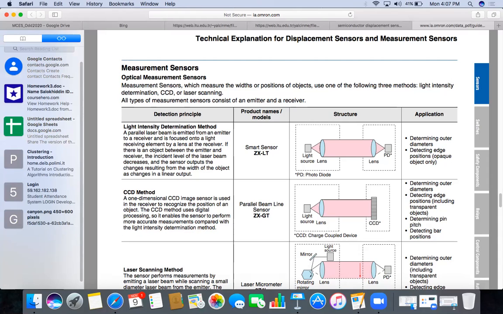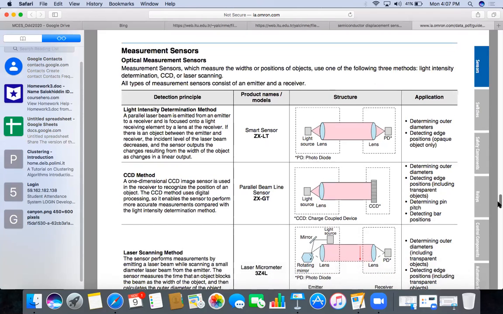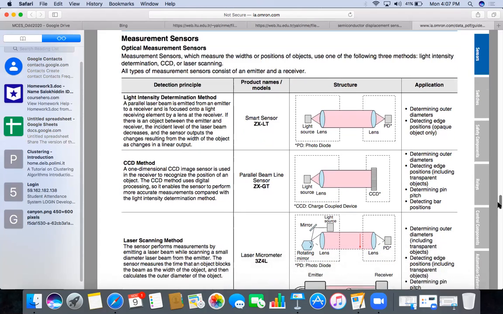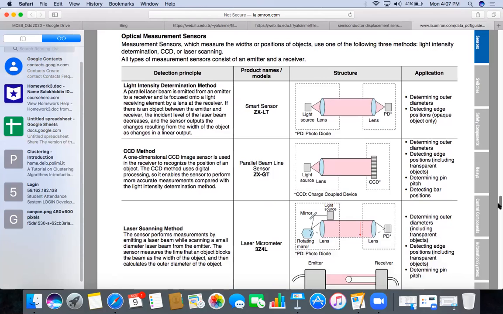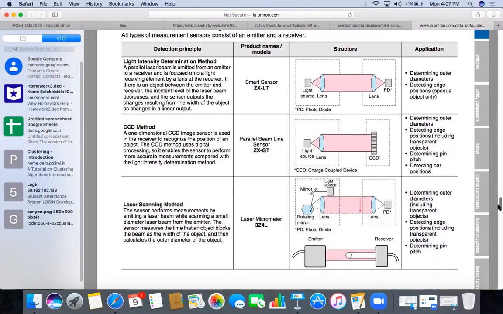CCD method and its structure is showing over there. It determines the outer diameter, detecting edge position, determine pin pitch, detecting bar position. Laser scanning method. This method, its model is showing over there. It determines the outer diameter, detecting edge position and determine pin pitch.